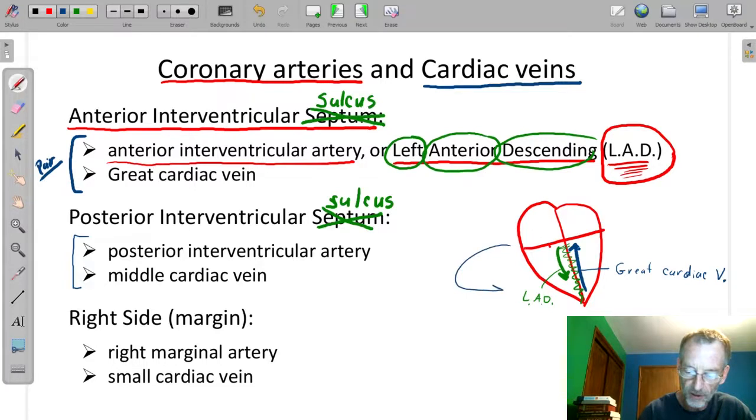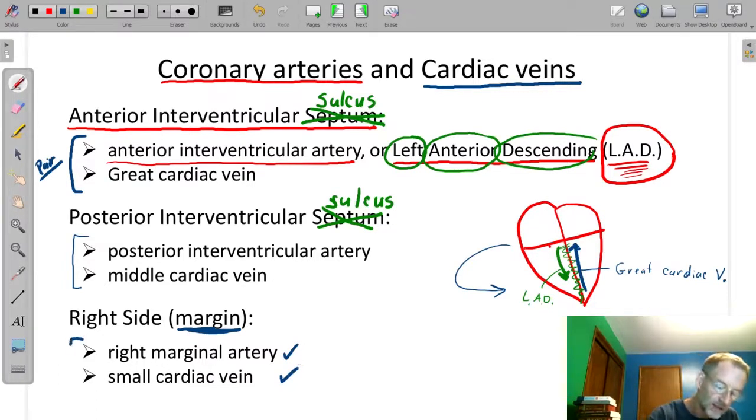So if you flip the heart around and look at it on the posterior side, you have the same arrangement: an interventricular artery, and now the middle cardiac vein. I'll show you pictures of those. And then on the right margin of the heart, there is a right marginal artery and a small cardiac vein. So you should make flashcards, whatever it takes, to pair up the artery with the vein.